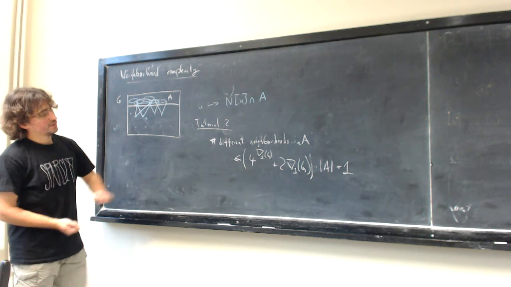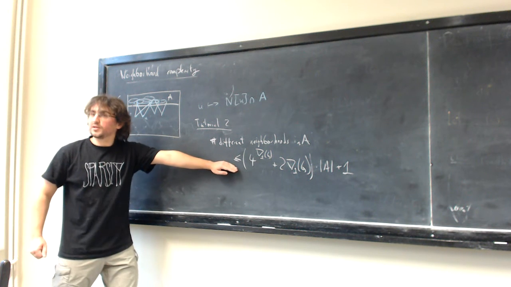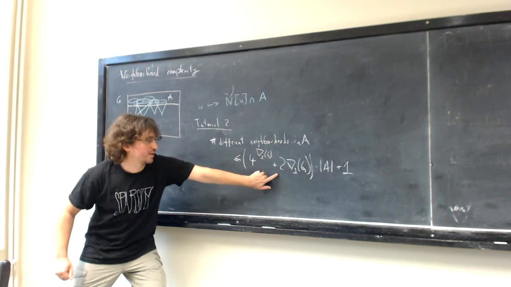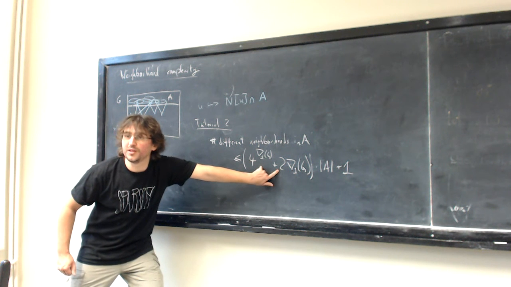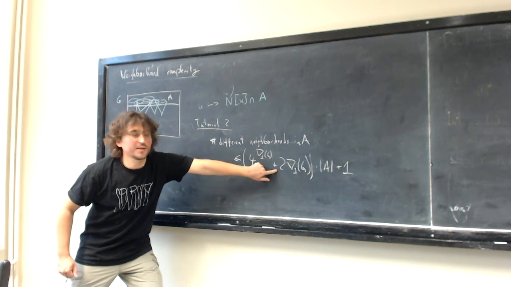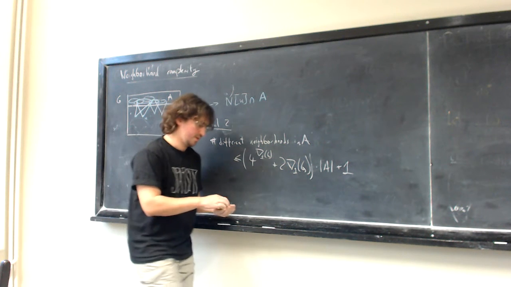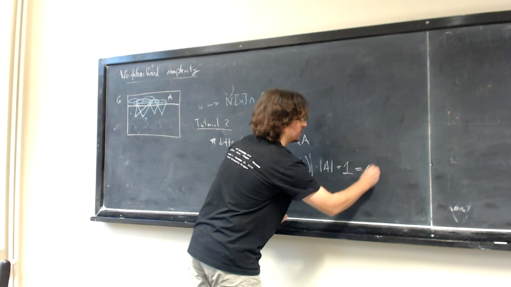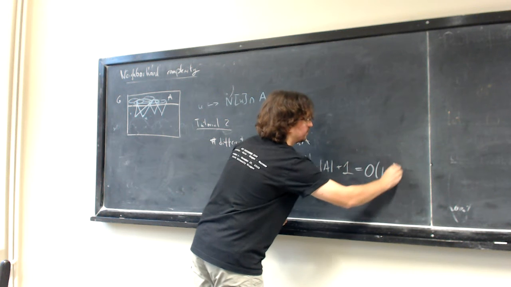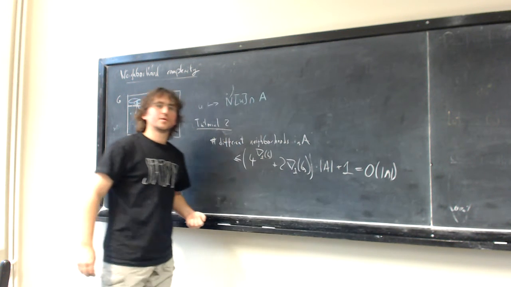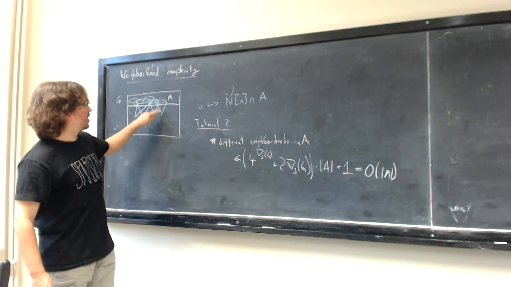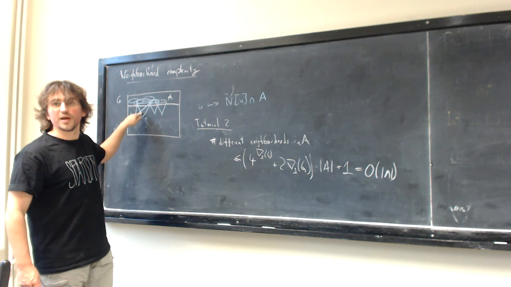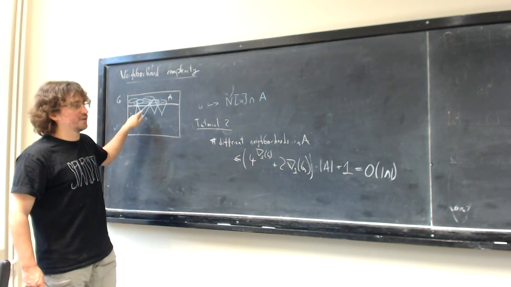So essentially, what exactly this constant is doesn't really matter that much. What matters is that this is linear in the size of A. Right? So the number of different neighborhoods in A, yes, is always bounded linearly in the size of the set.